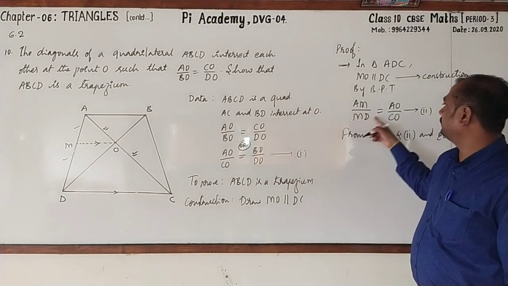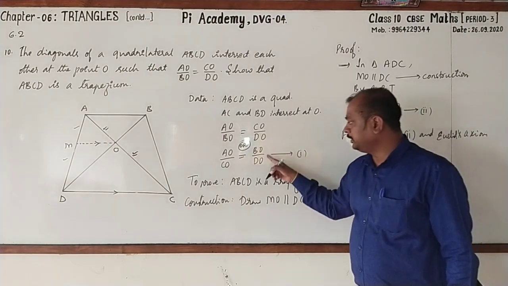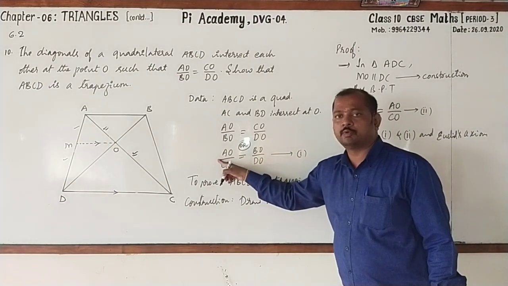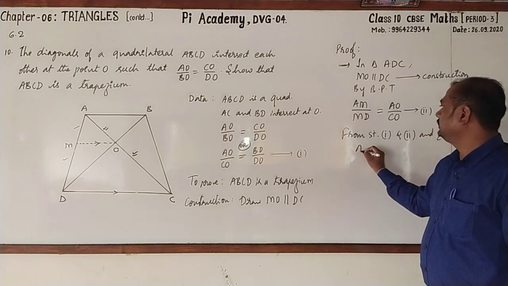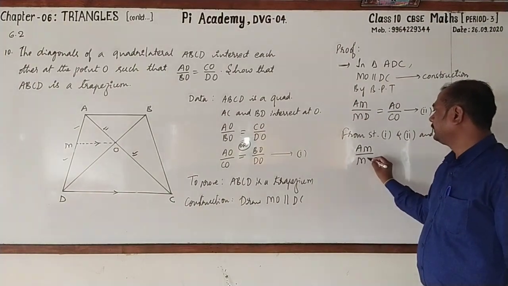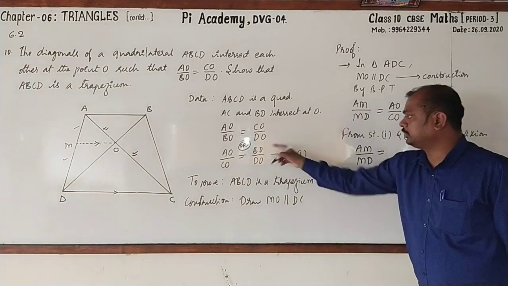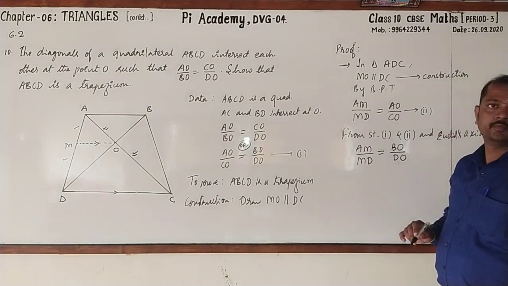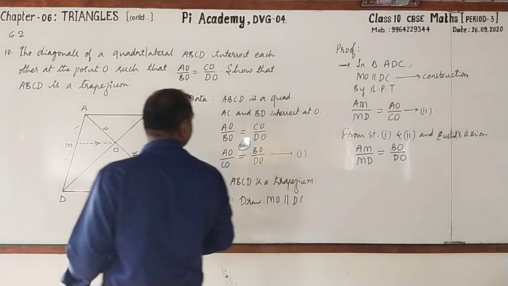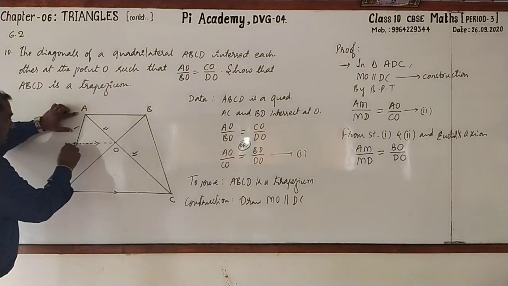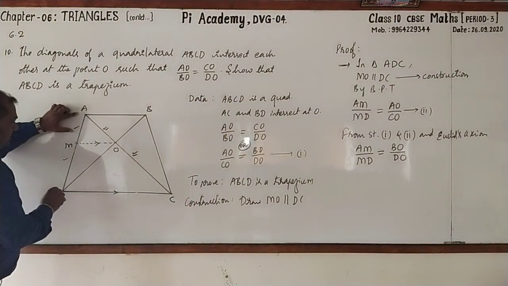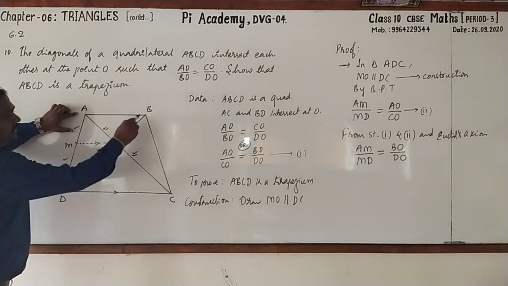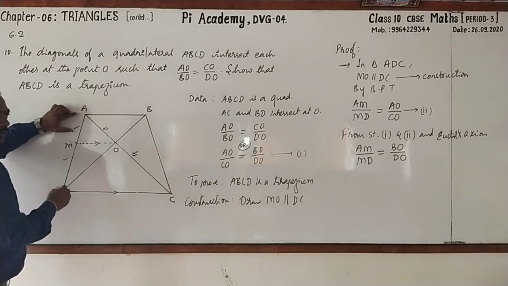See that AM by MD equal to AO by CO. BO by DO is also equal to AO by CO. Hence, AM by MD is equal to BO by DO. Look here. AM by MD is equal to BO by DO.